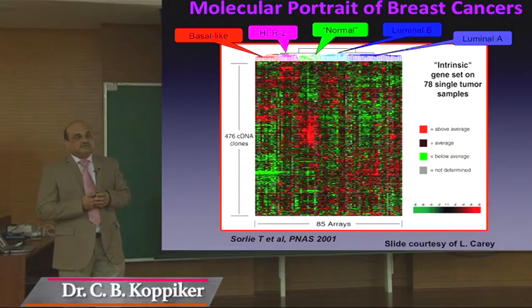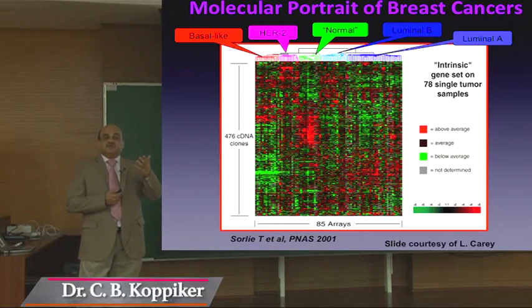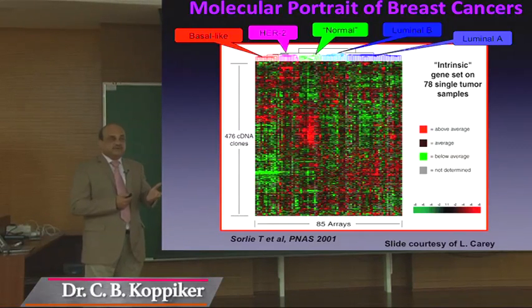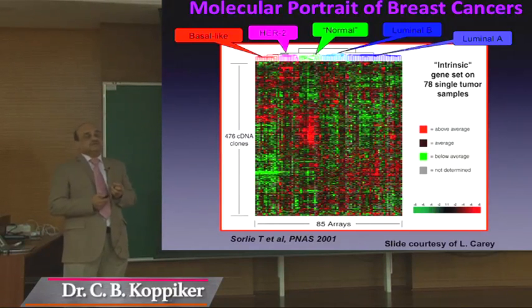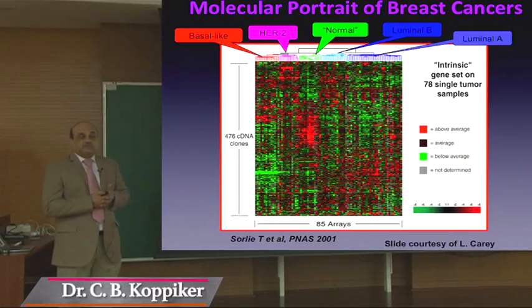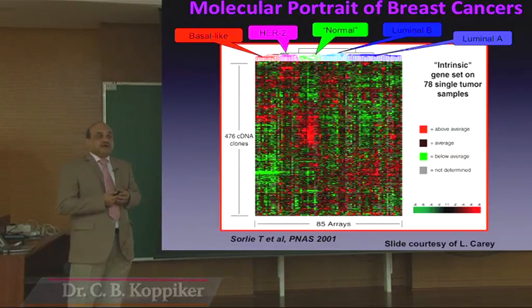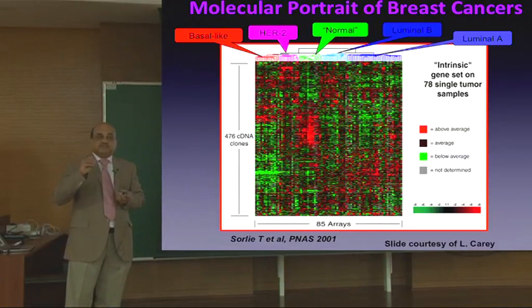And HER2 is a very specific gene which we need to know because it makes the breast cancer less indolent, more aggressive, and we have an excellent antidote to this HER2 gene, which we know as trastuzumab and now pertuzumab, and lots more targeted drug treatment that is coming up.